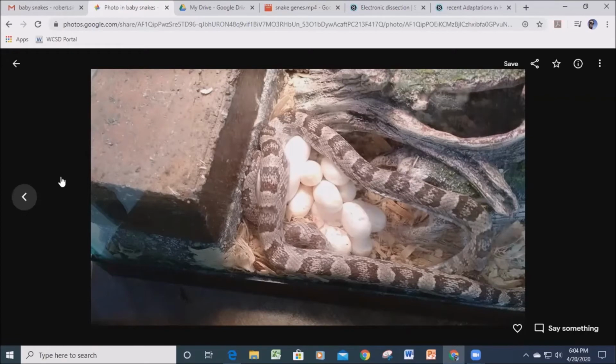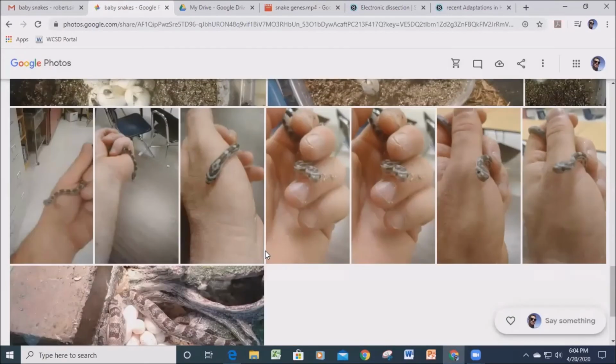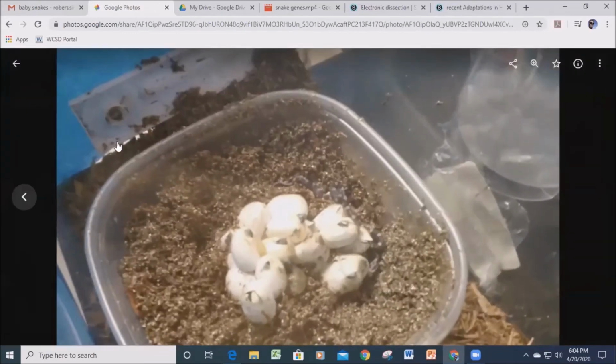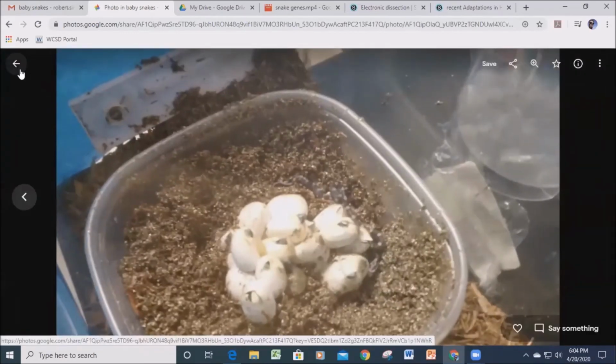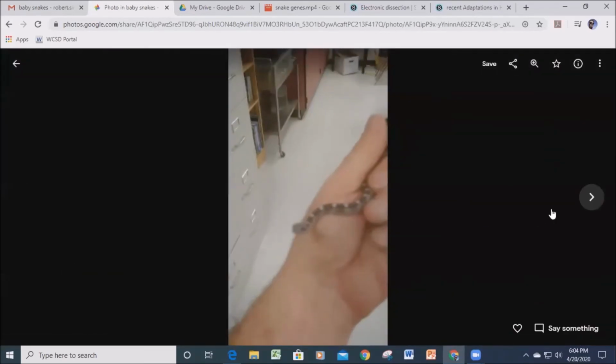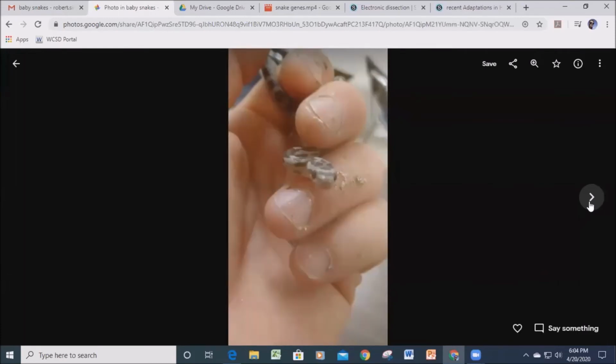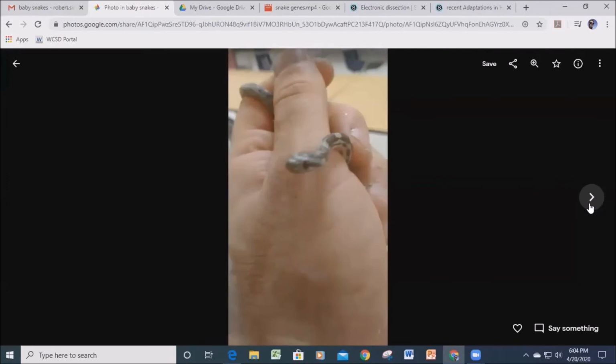And then I moved them out of there so they would incubate, because they won't incubate well in her container. I made an incubator for those eggs and they hatched. I think all but 1 or 2 of the eggs hatched. Here's some of the baby snakes we were passing around in class. They're very cute, nice big eyes, little head, very cute little anerythristic corn snakes. And let's see if we can see the different patterns.